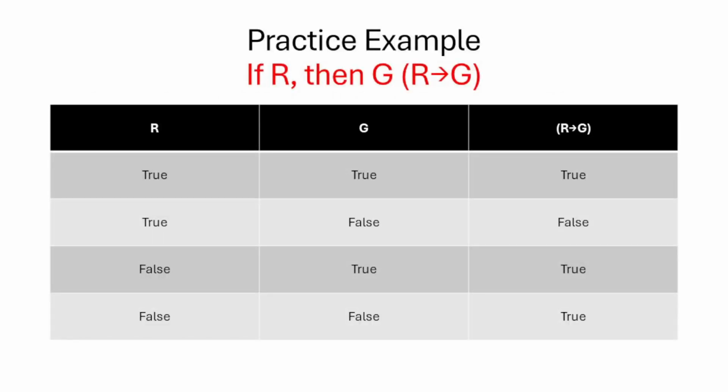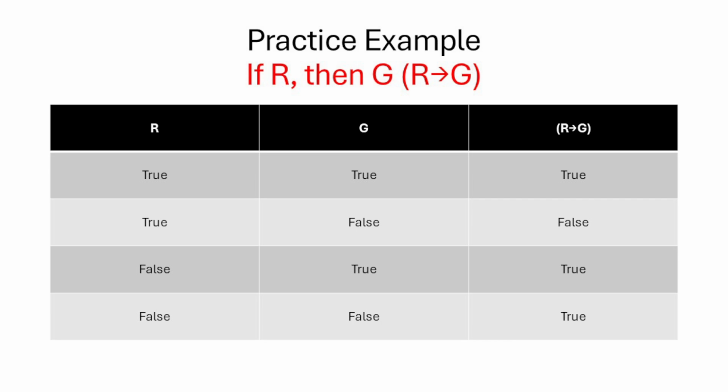If R, then G. So this is the truth table for that argument, which is then symbolically represented as if R, then G. So let's try and explain it.